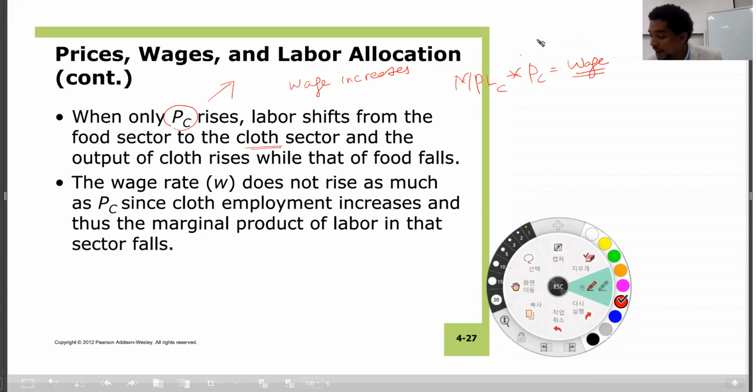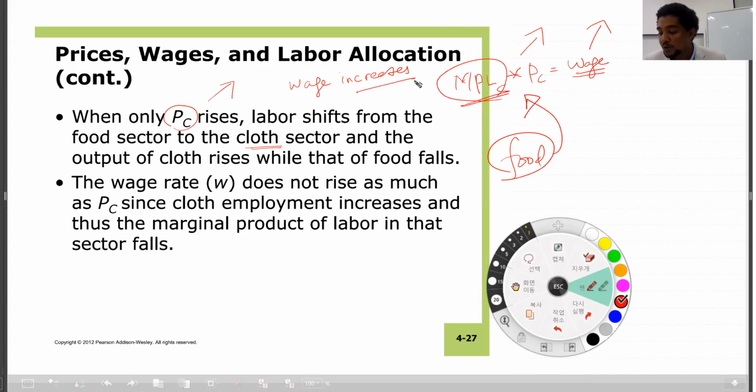So if the price increases, this means the wage increases. And if the wage increases, the labor units who used to work in food will now move to clothes production, because clothes production now pays more.